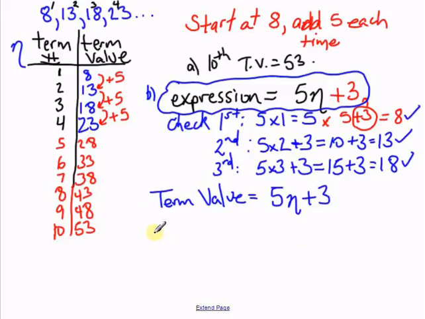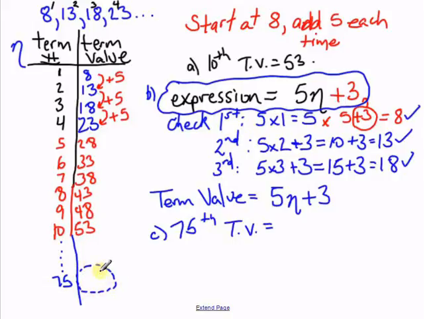And so what it asked us to do is figure out the 75th term value. Well, what that means is if I was to keep going in my chart, what would the 75th number be? Well, okay. n is 75 this time. 5 times 75 plus 3.